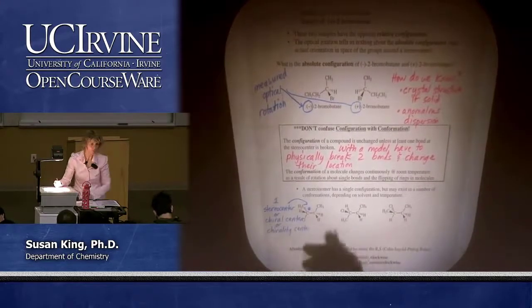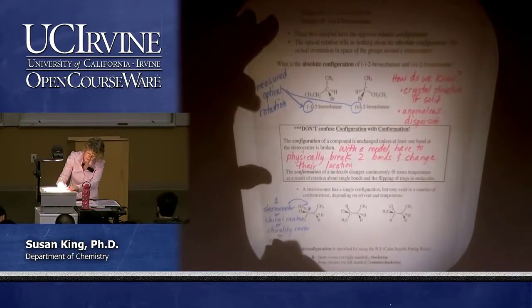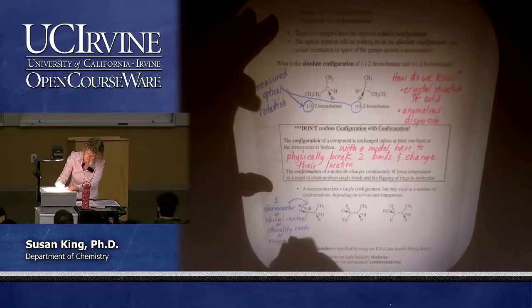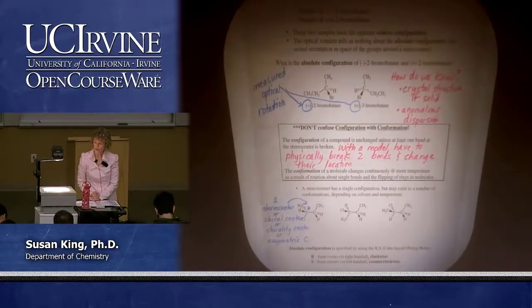As I was looking through Sapling last night, they use another term that I did not mention already, and that's an asymmetric carbon. All of those are terms for the same thing. We use a little asterisk to signify that that is our chiral center, stereocenter. I don't usually use asymmetric carbon or chirality center, but you will see those terms.